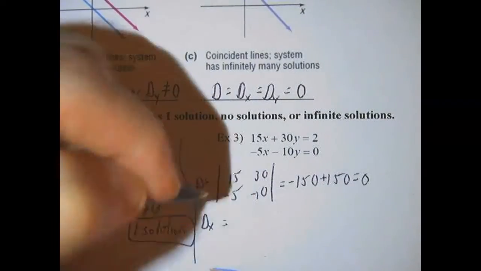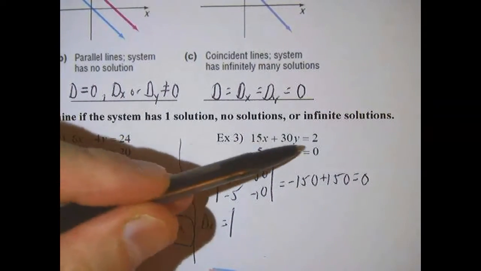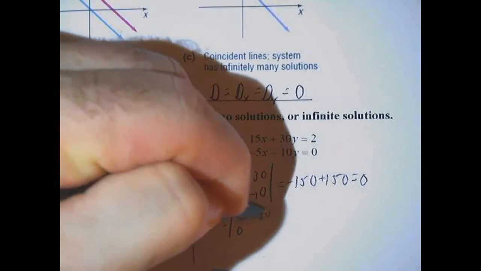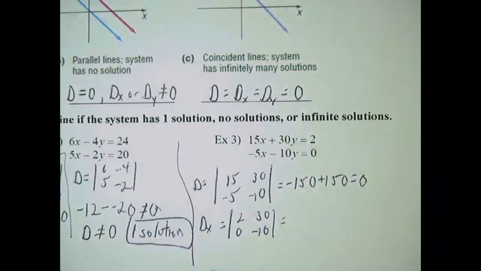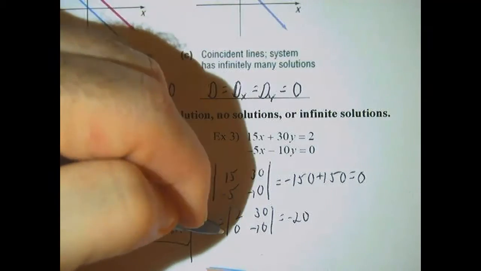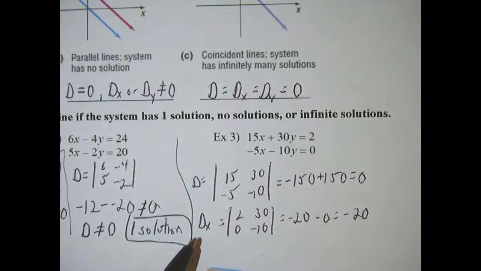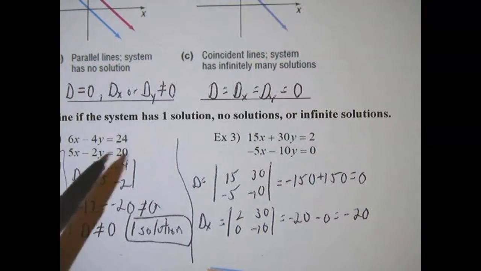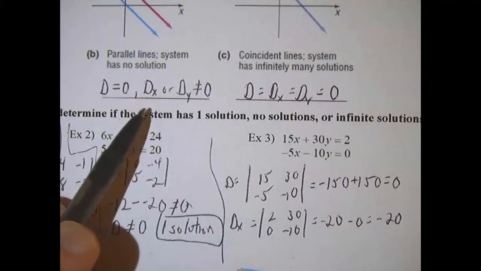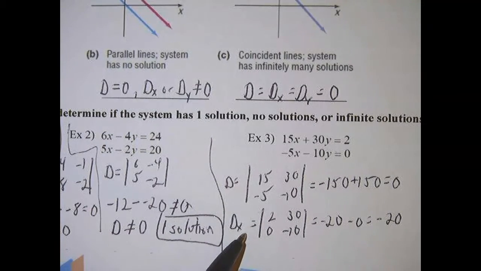So Dx is replacing the x column with the 2 zeros. So we have 2, 0, 30, -10. So we get -20 minus 0. That's not 0. That's -20. So what we have is that while D does equal 0, Dx, in this case, does not equal 0.